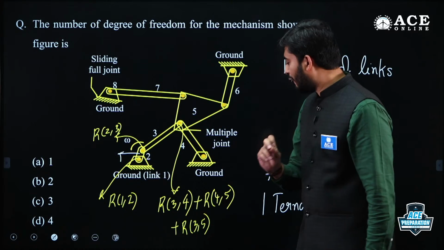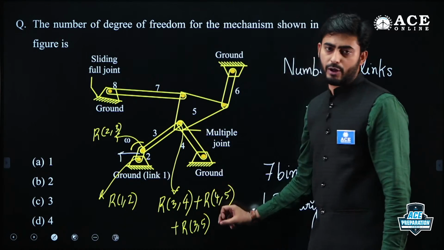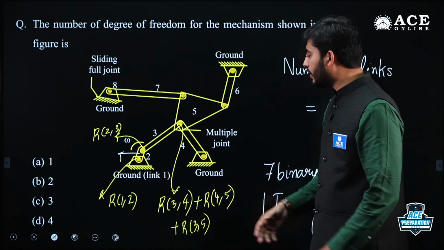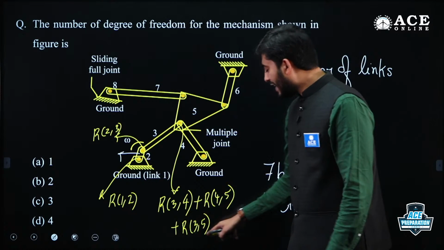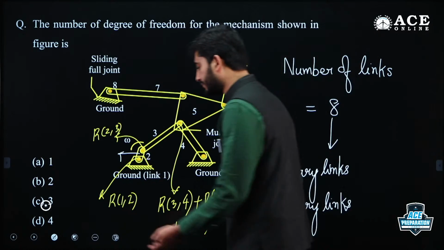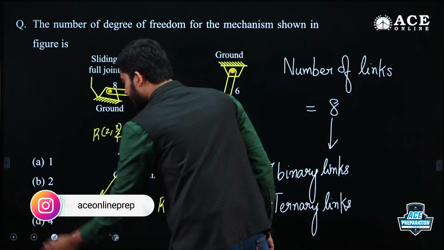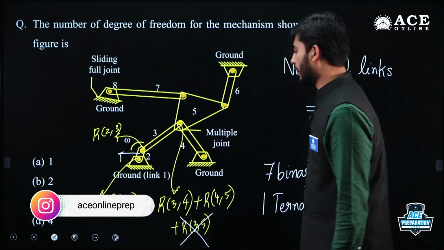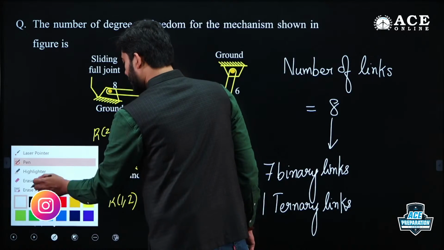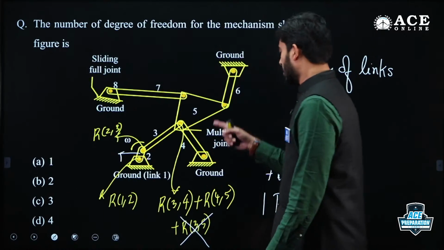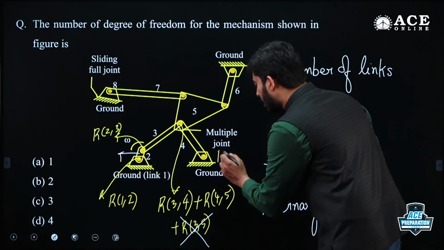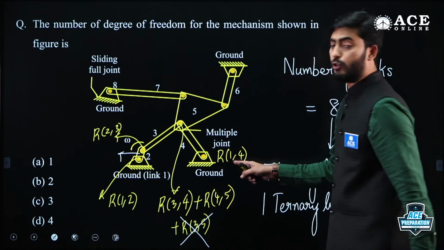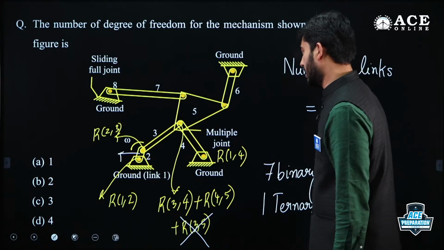So please be careful while counting the number of joints. Please be careful once again while counting the number of joints. What I have written, this is wrong. So I am striking this off, though I have written it. Okay, next one. This will be a revolute pair between 4 and 1.